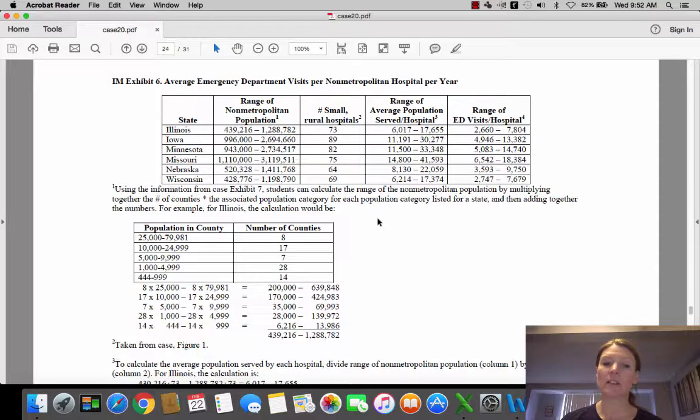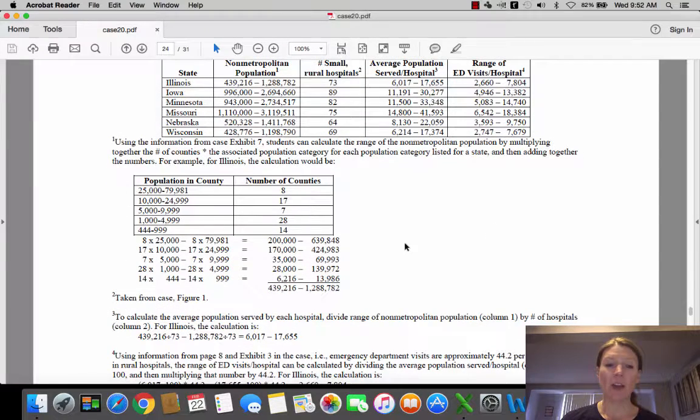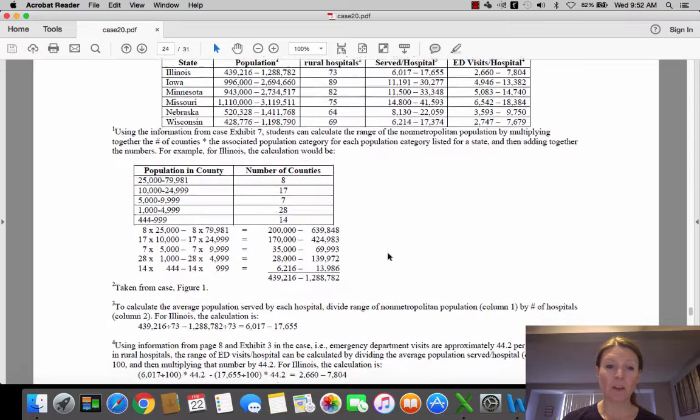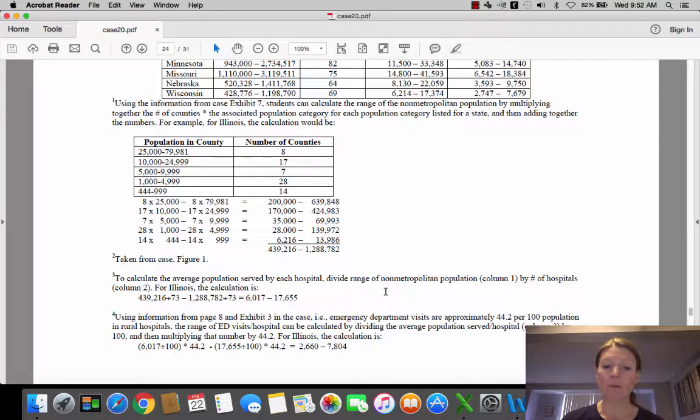So this here is giving you those assumptions that have been calculated. So up here, we've taken the range of non-metropolitan population across the 6 states, the number of small rural hospitals, the range of population served, the range of ED visits, and then also the population in various counties, number of counties, etc. And then calculated out some of that particular information.